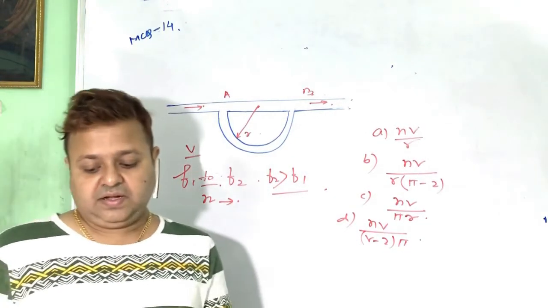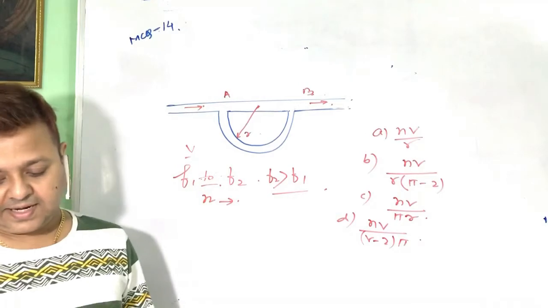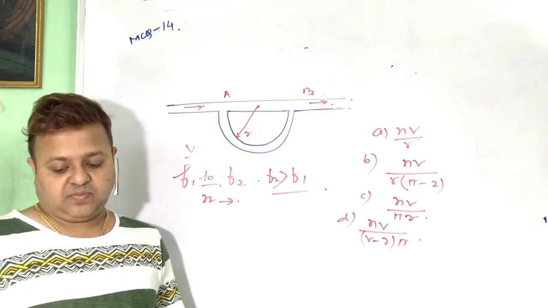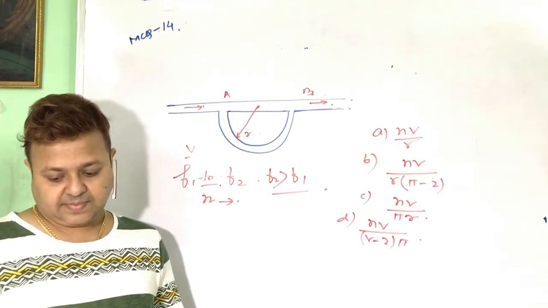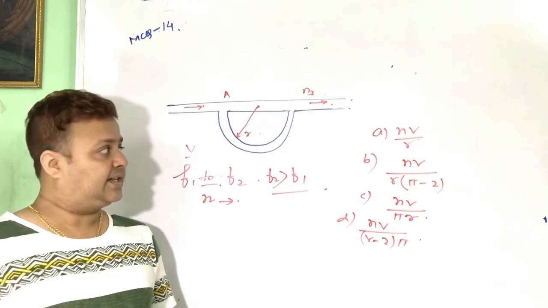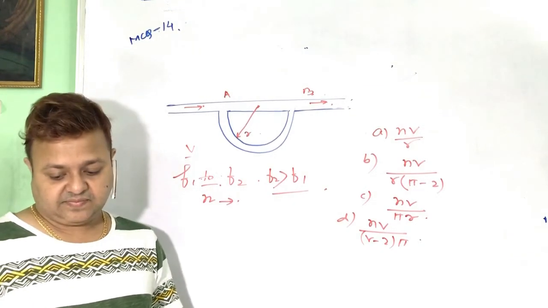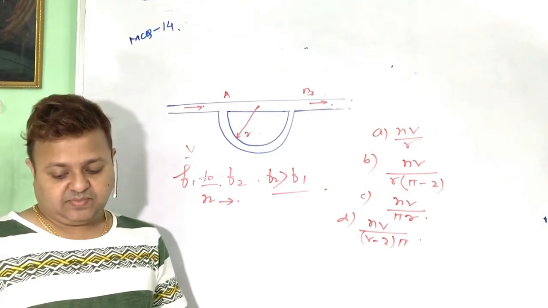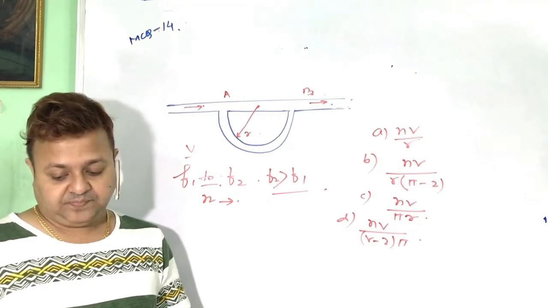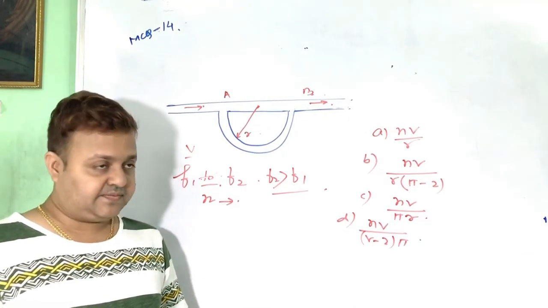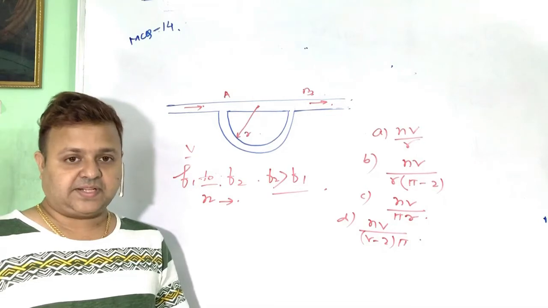Repeat it. Sound signal is sent through a tube as shown in the figure. The radius of the semicircle is R. The speed of the sound in air is v.